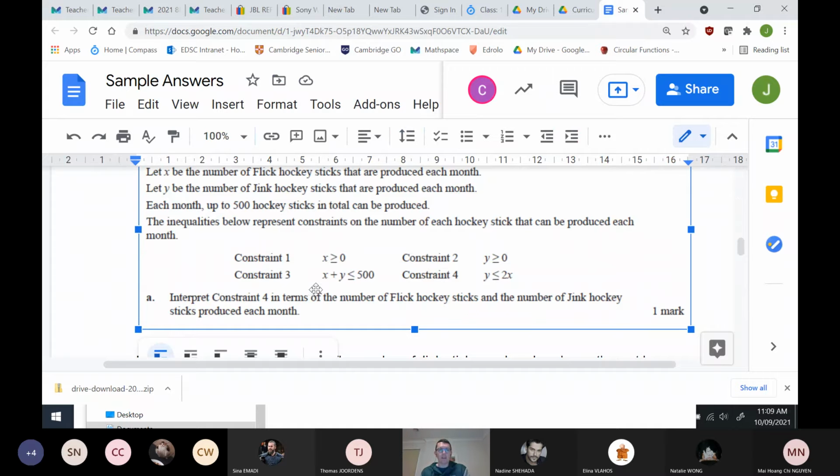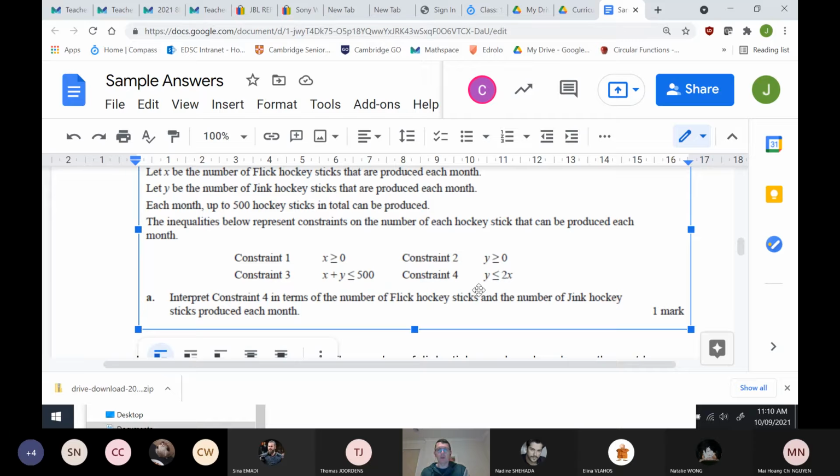Constraint 3 is X plus Y, which is the number of flick hockey sticks plus the number of jink hockey sticks, at most can be 500, because each month up to 500 hockey sticks in total can be produced. So I've interpreted the first 3.